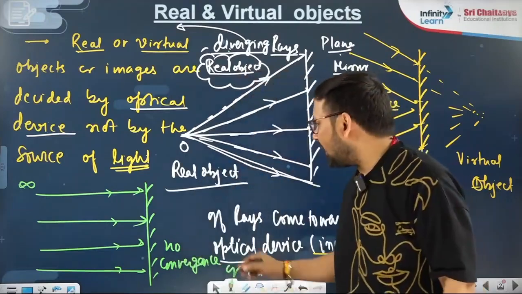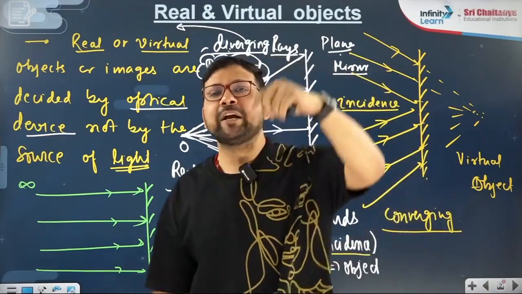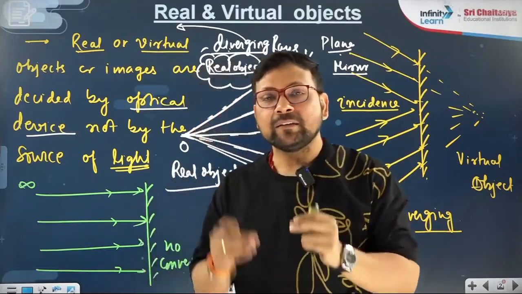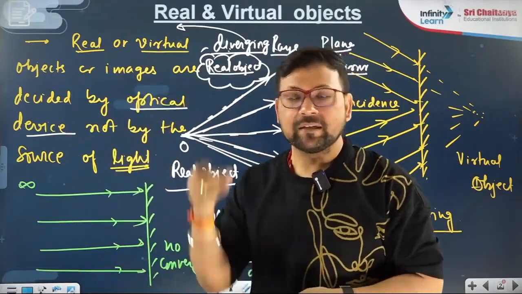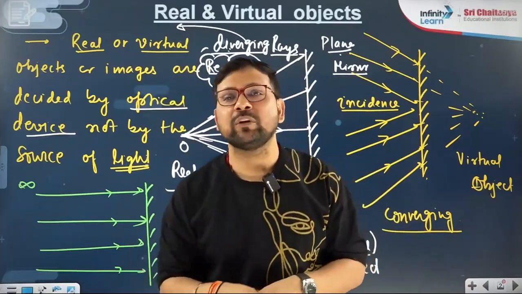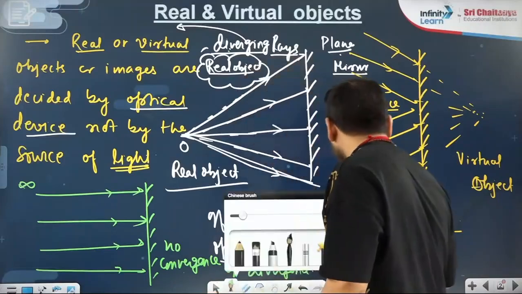When the rays are neither diverging nor converging, expect a simple question in your NEET: light rays are coming from infinity, the nature of the object is real, virtual, neither, or any. Your option will be neither, because we cannot decide the nature. Keep that in mind, okay?